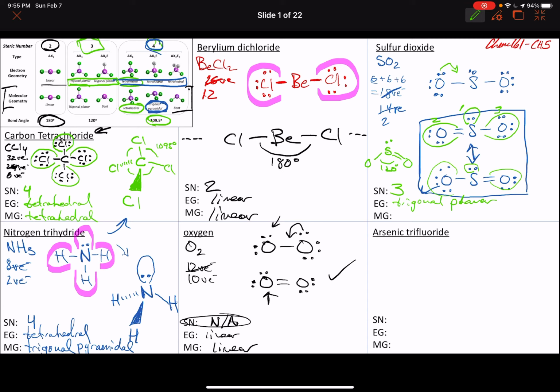And we could also show this in resonance with the other option. And again, those are the 2 options, both showing trigonal planar geometry. So the lone pair is in the plane with the double bonded oxygen at right and the single bonded oxygen at left.